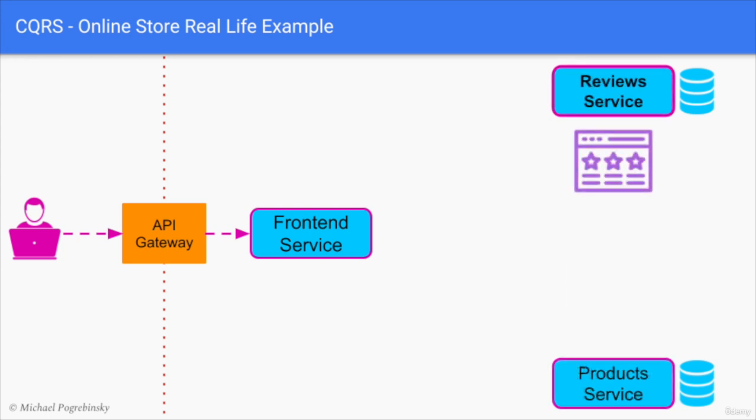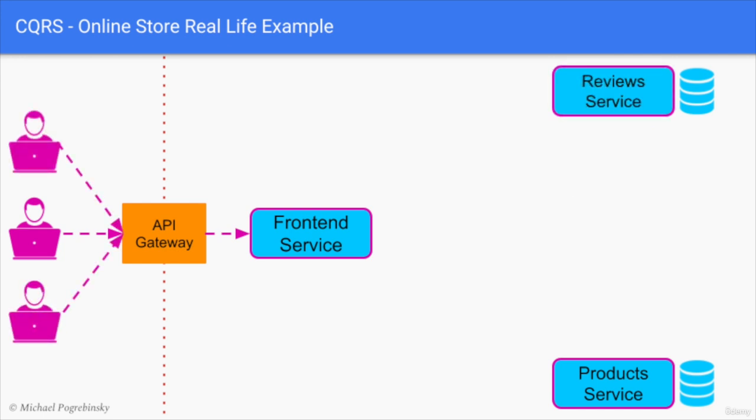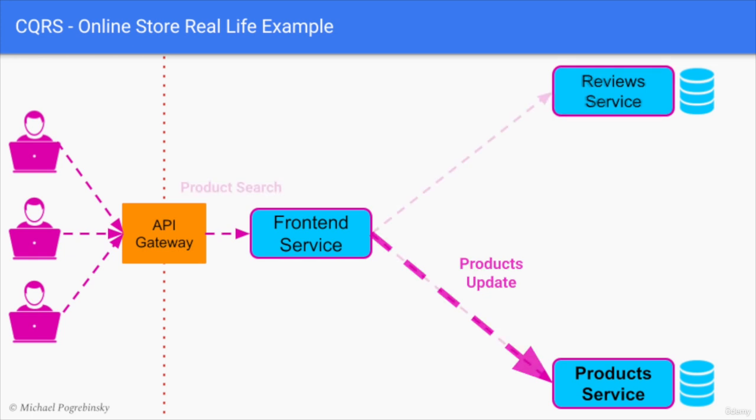We would also have the review service, which manages and stores all the reviews for all those products. So, as we can imagine, reviews are coming to our system constantly, so updates to the reviews database are very frequent. Similarly, our product's inventory keeps changing as people purchase products or additional products are added and updated.